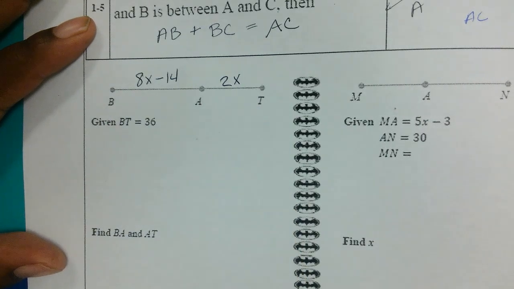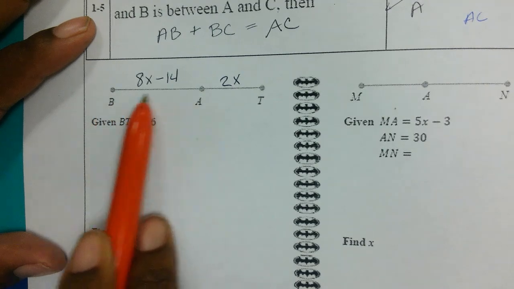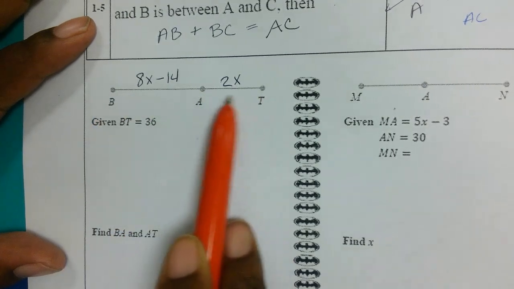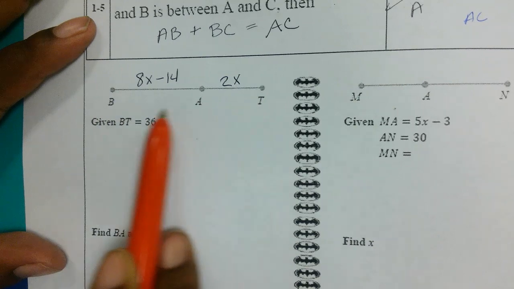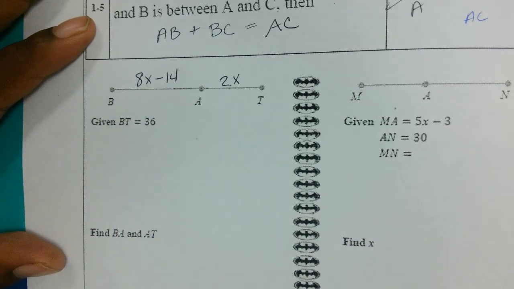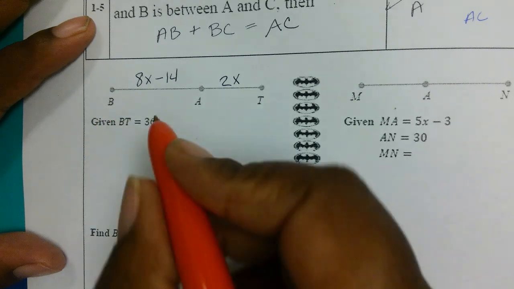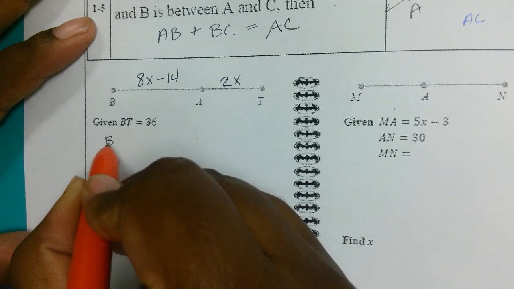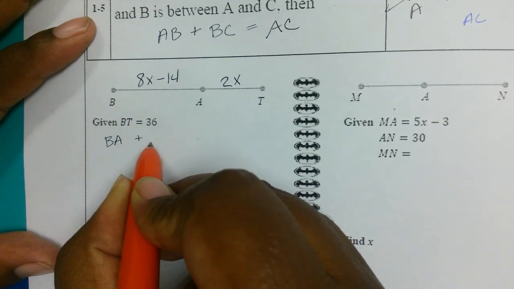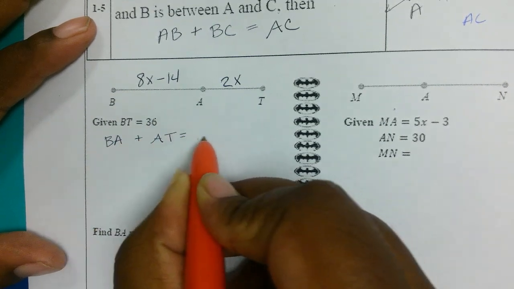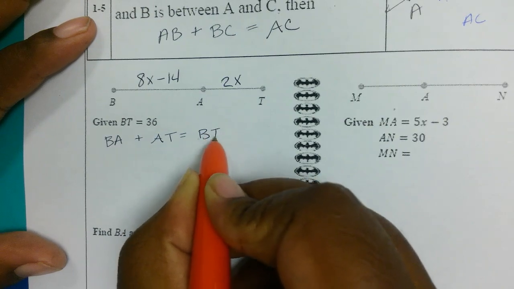Well, using my segment addition postulate, I know that if I add BA and AT together, I get the entire part, which we just said was 36. So BA, segment BA plus segment AT equals segment BT.